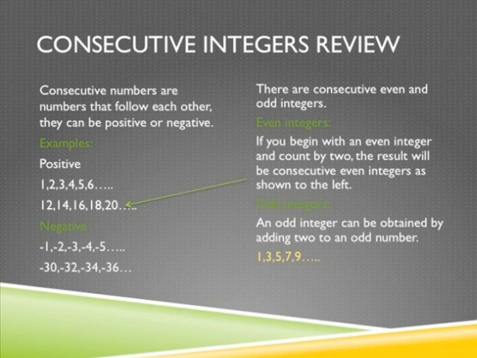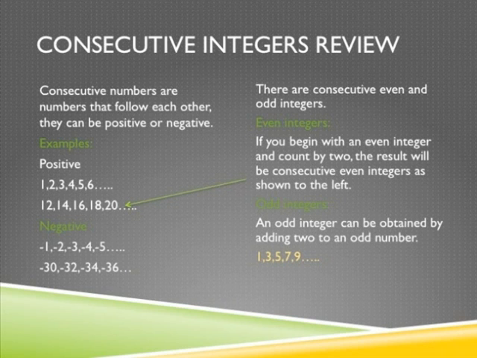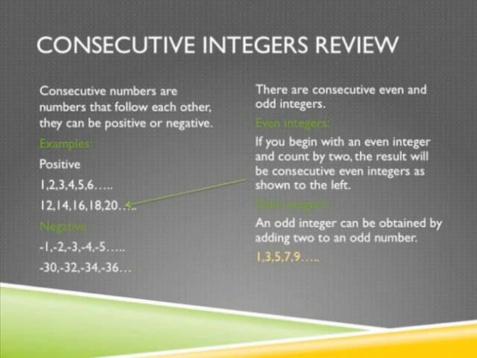Negative integers are numbers such as -1, -2, -3, -4, -5, and so on. Even consecutive integers are -30, -32, -34, and -36.